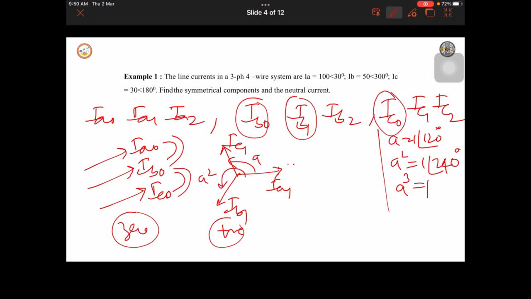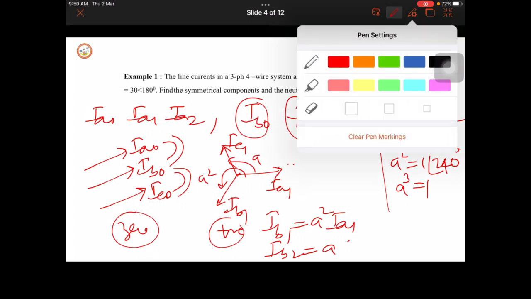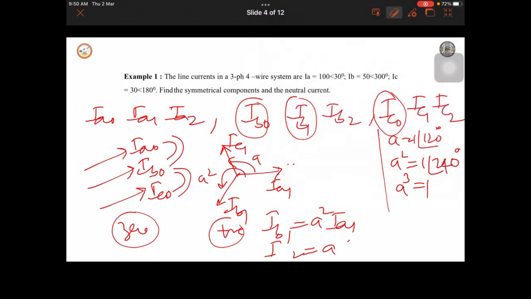IB1 is A square times IA1, and similarly IC1 is A times IA1.